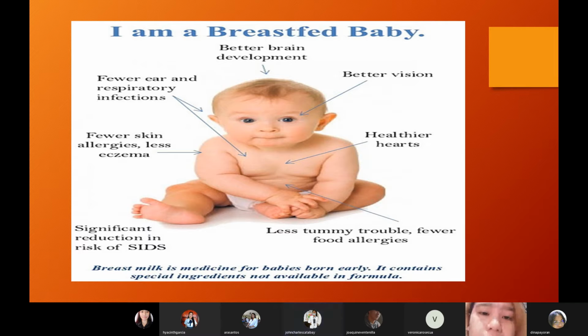Yes. And it tells there, I am a breastfed baby. So, as we can see, there is a benefit that we can see for being a breastfed baby. One of these is better brain development.